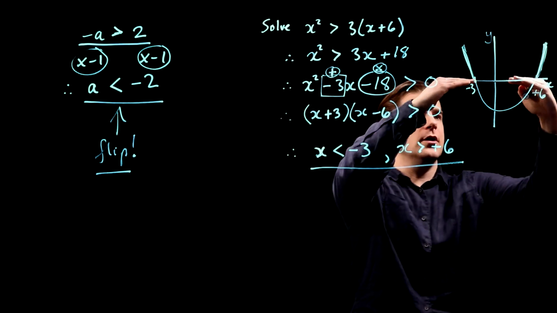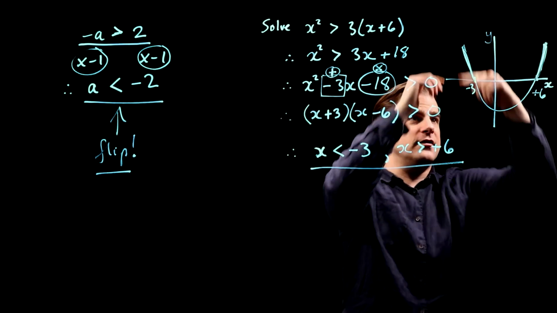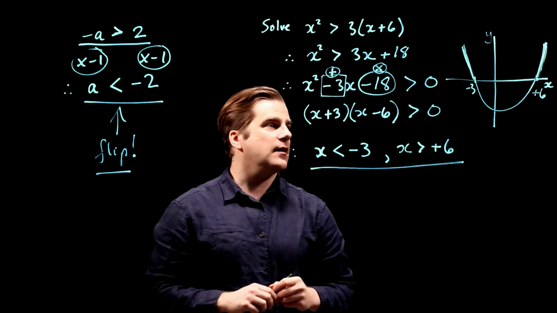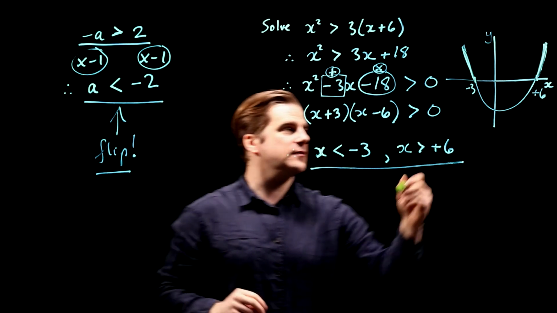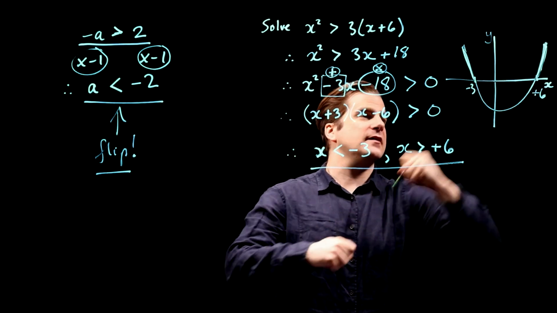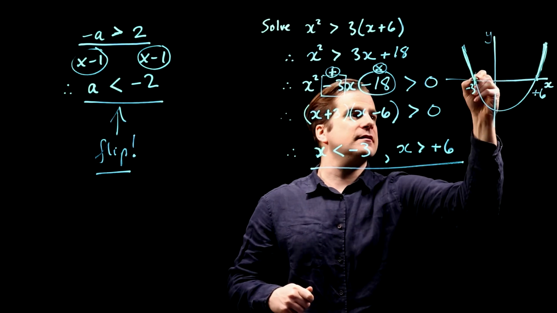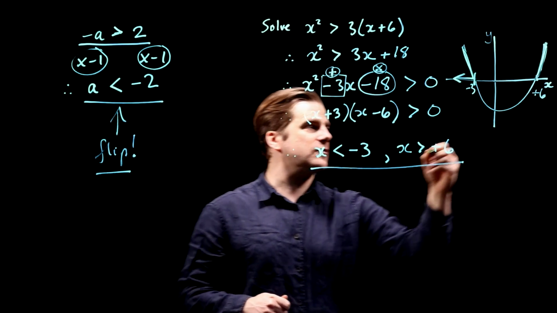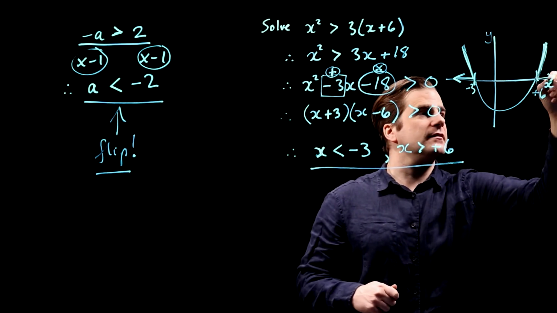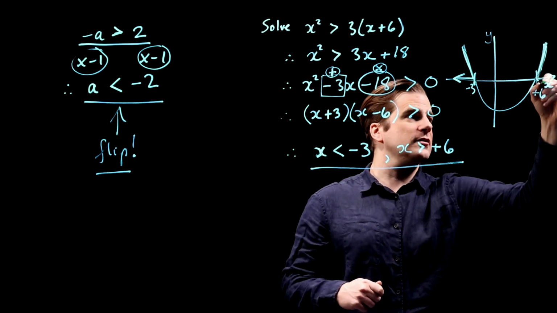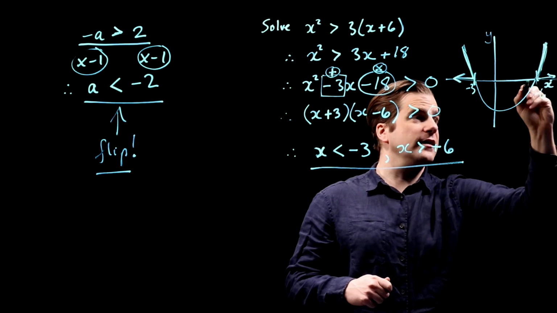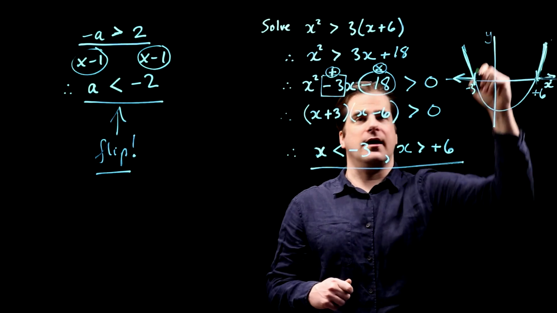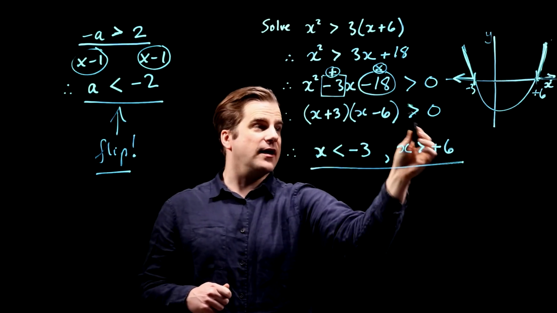So that means all the parts of the sketch above the x-axis. And those regions correspond to x values less than that point there, minus 3. So x is less than minus 3, and x is greater than plus 6, because for all of these values of x greater than plus 6, we have values of y, or this thing, greater than 0.